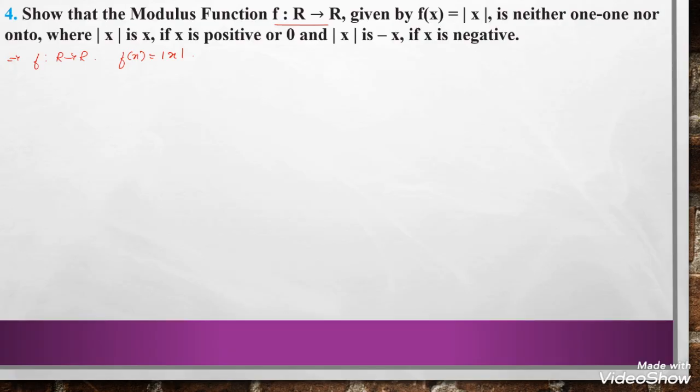So I can rewrite the function: f of x is equal to minus x if x is less than 0, and x if x is greater than or equal to 0. Now we have to check the one-one as well as onto condition.